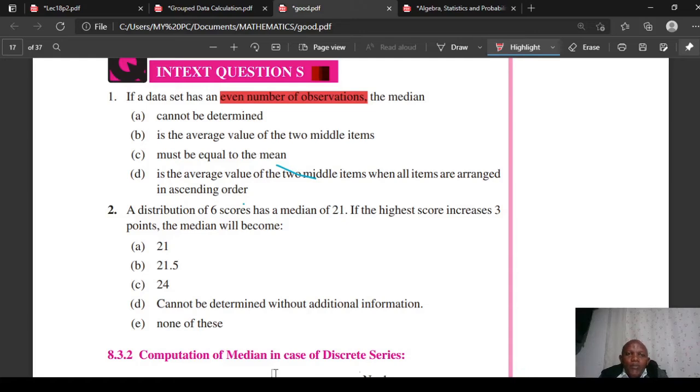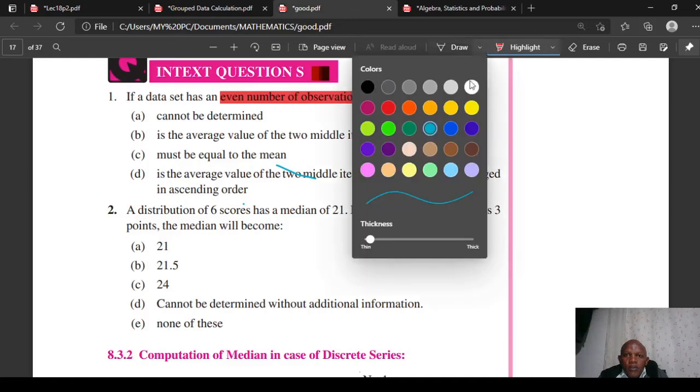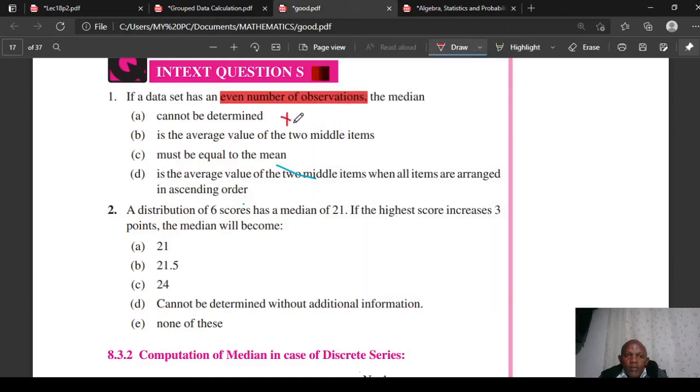Very well, I'm sure you have found it. The first answer is wrong. Now, the average of the two middle values, this is also not wrong. Why? Because we are saying it must be precise. The data must have been arranged in an ascending or descending order.